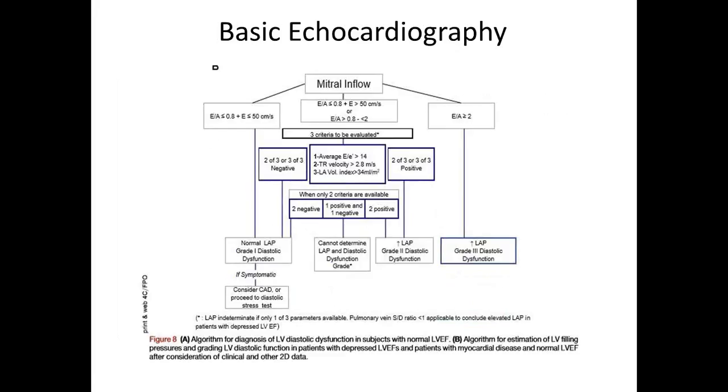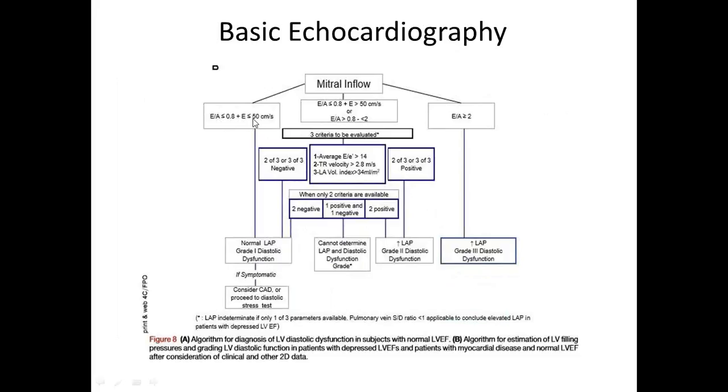And then it's simple now. You just plug them into your table. So the 3 variables are abnormal, and your E to A ratio is less than 0.8.